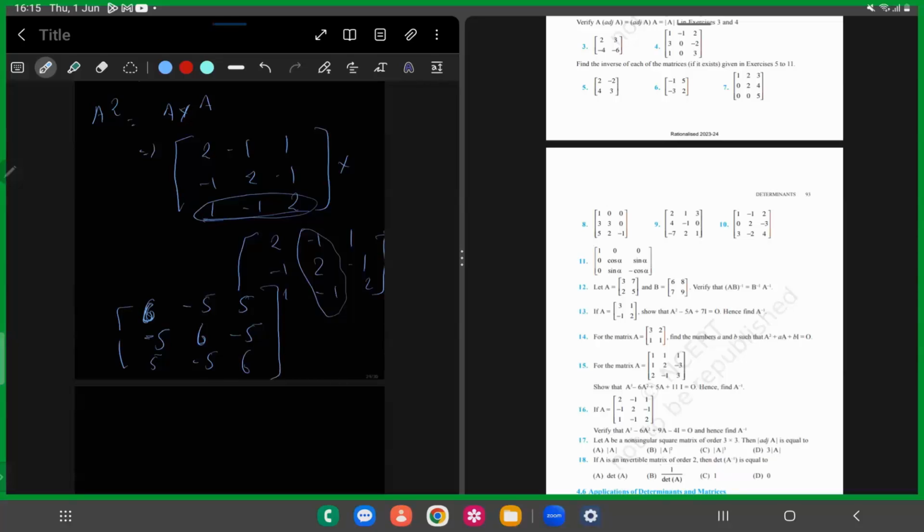And this is A square. For the calculation of A cube, we'll again multiply A square with A. So this will give us A cube. Okay.